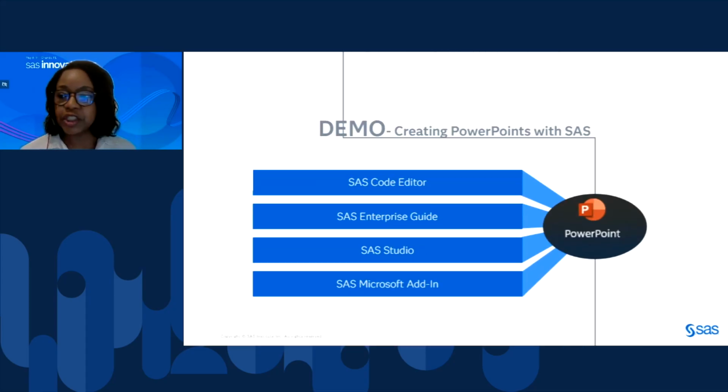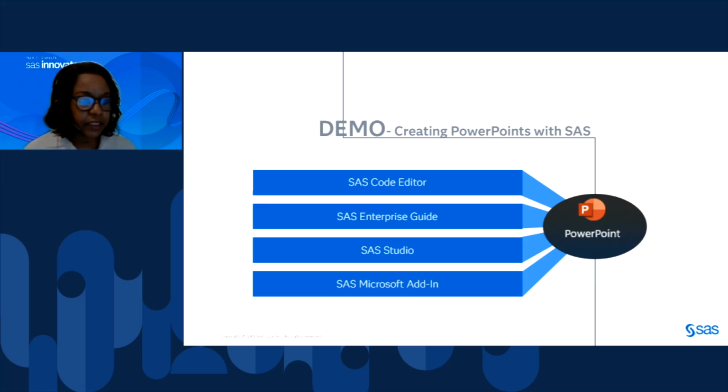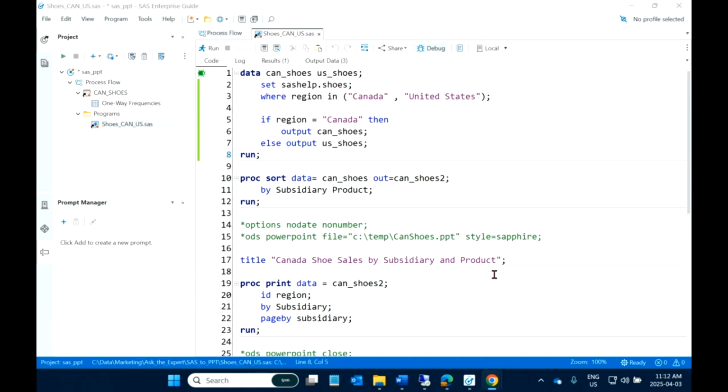So let me go ahead and share my screen. And we'll go through each of these techniques, starting with Enterprise Guide. All right, so here we have Enterprise Guide. You can see I have some basic SAS data step code to create the output table I need.